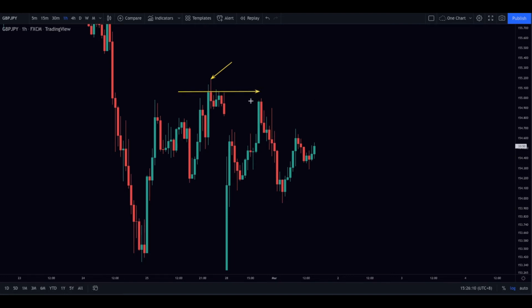Again, price couldn't close above here. There's a small wick there. And then here at the bottom, wicks. Price couldn't close below here. Just wicks. So actually looking at this area on the 1-hour time frame, this is an immediate range for us.